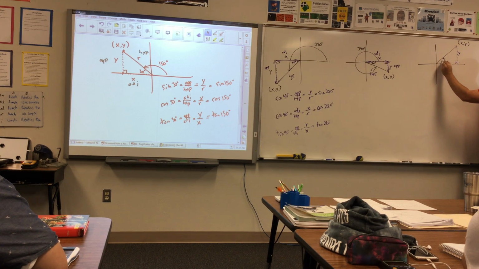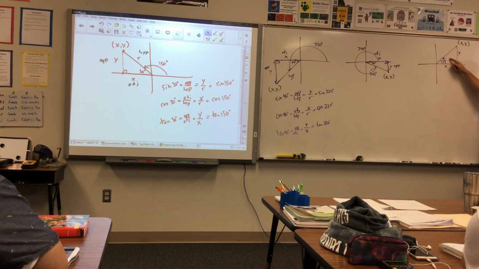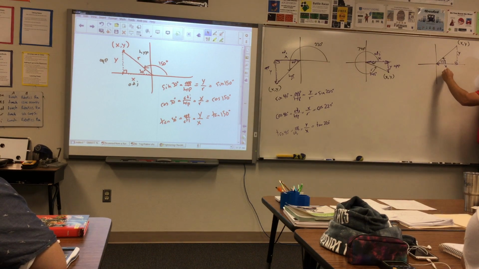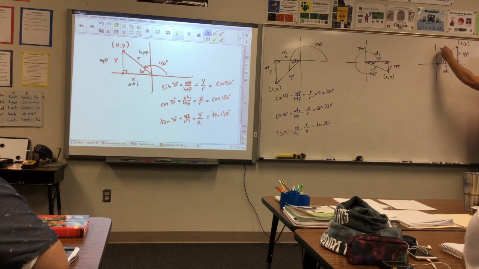Well, the reference angle, this is 55 degrees. The reference angle is that same angle. So talk to me, what about this x right here in relationship to this triangle? Okay, it's adjacent. The y value, the up and down, is the opposite. And of course the hypotenuse, once again, is the r.